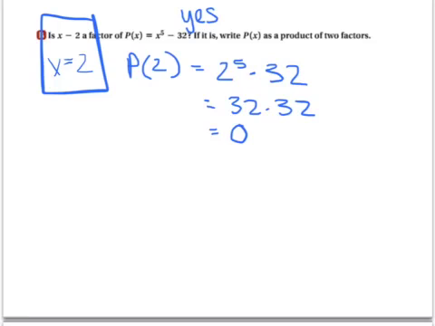Now, remember those placeholders we were talking about yesterday? We have to have a whole bunch of them here because this is a quintic function, but it's only got 2 values, a quintic value and a constant value.